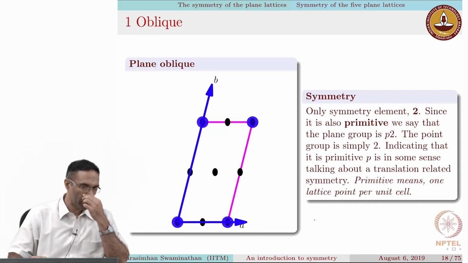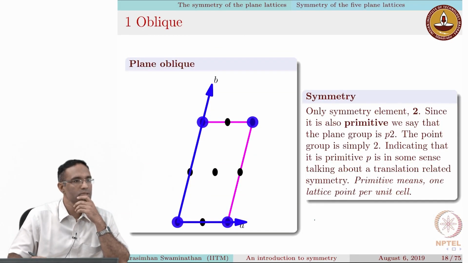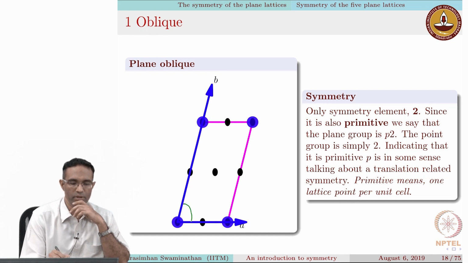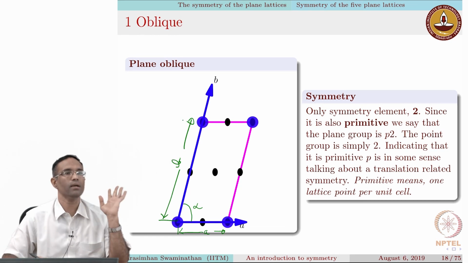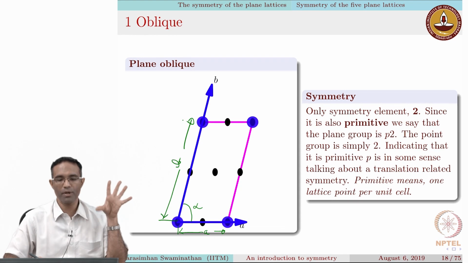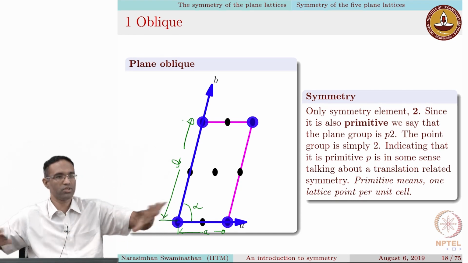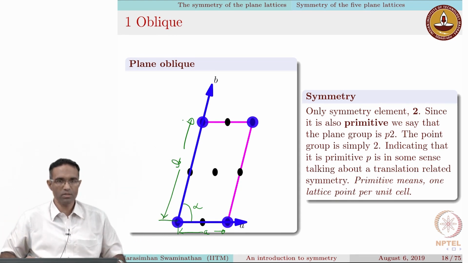So this is the first plane Bravais lattice. Okay. So the angle is arbitrary, some alpha, and the distances A and B are arbitrary, right? The only symmetry operation that this entire lattice will have, extending in both directions, is, what is it?